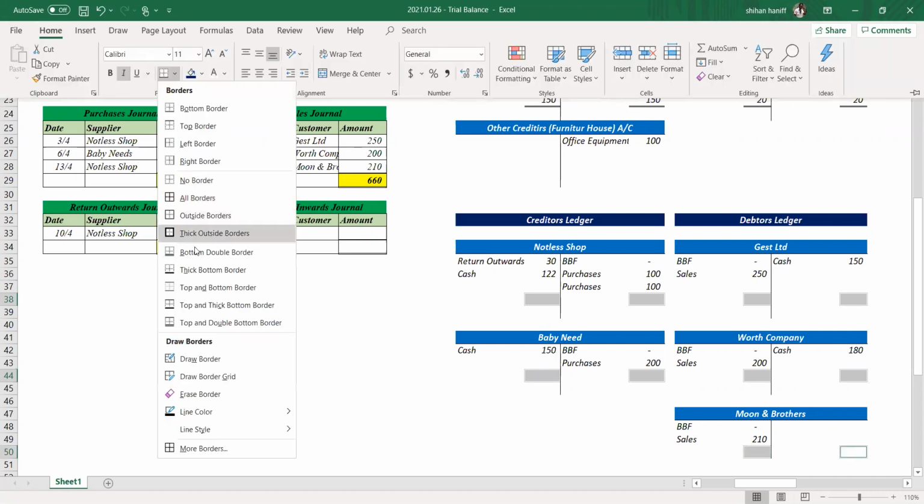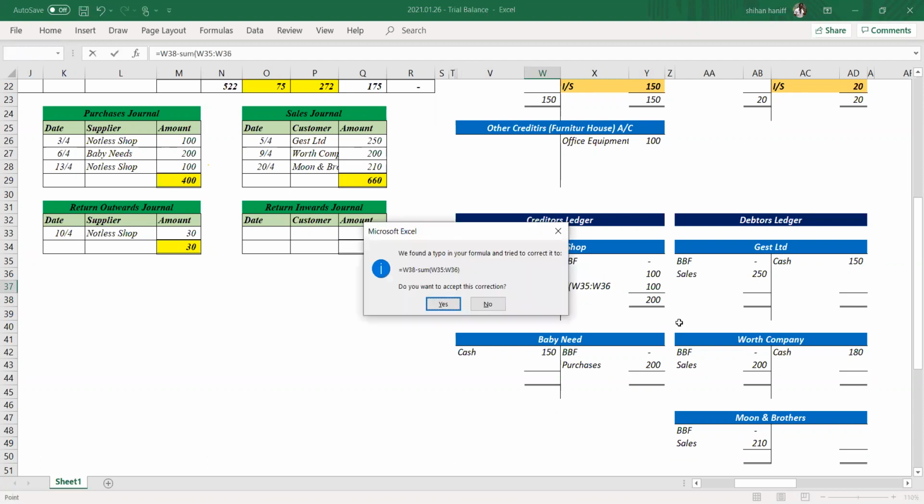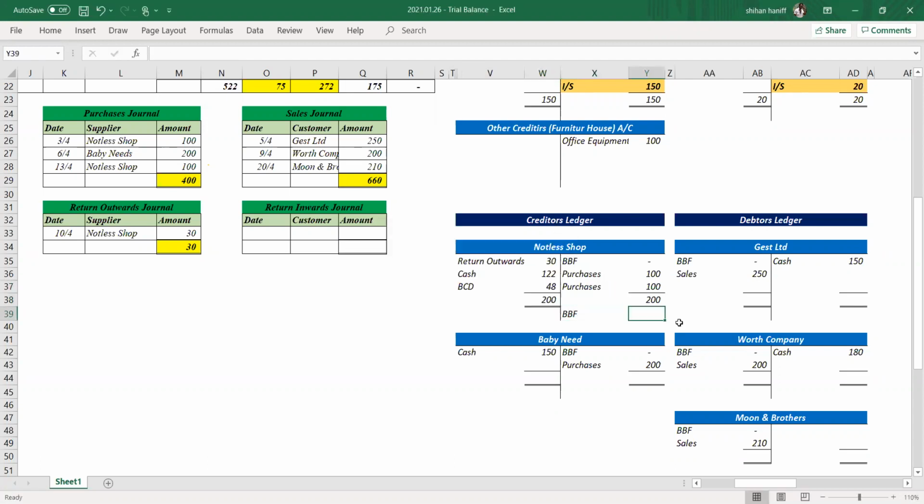Calculate the closing balances. Not Plus Shop, closing balance is 48.